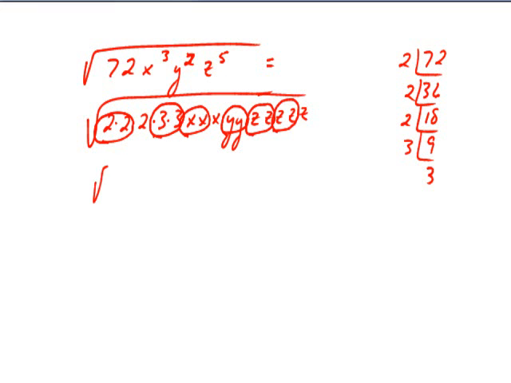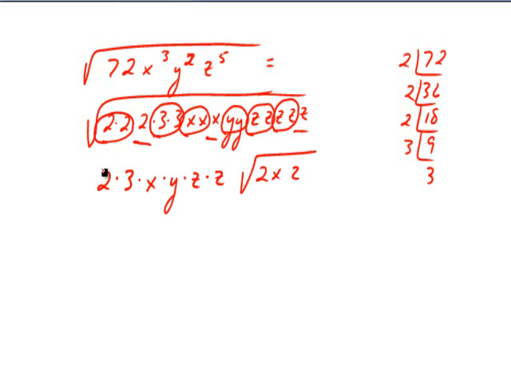If I take each of those out as a single value or variable, I would have a single 2, a single 3, a single x, a single y, z, and then z again from each of these pairs of z's, all on the outside of the radical. And on the inside, I'd be left with the 2, an x, and a z.